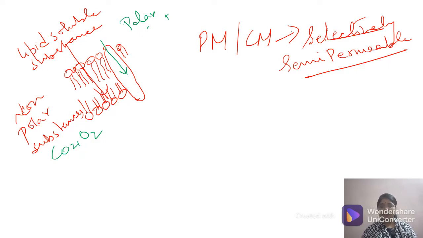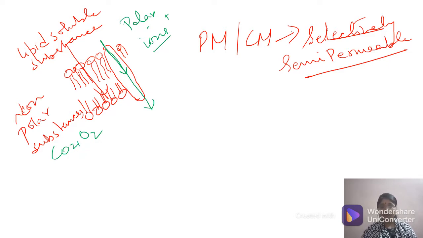Now these polar molecules, like suppose I take ions, positively or negatively charged ions, they are polar molecules. How will they pass? They can't pass through the lipid layer, because they are not lipid soluble.